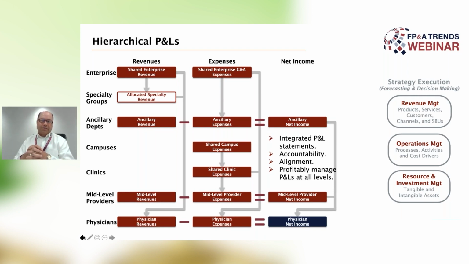And then we have system-level shared expenses, in-campus and clinic-level shared expenses. The provider level also has direct expenses. And then you can see ancillary departments and then mid-level providers. Each of those levels actually have their own P&L, which net results are then allocated to the physicians.